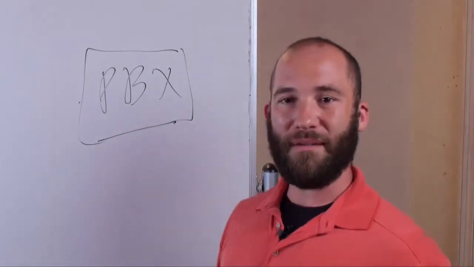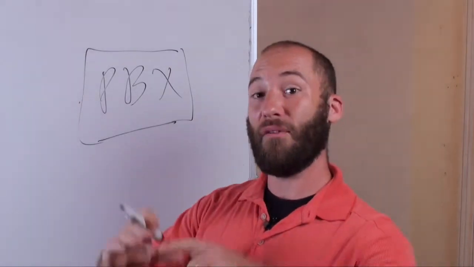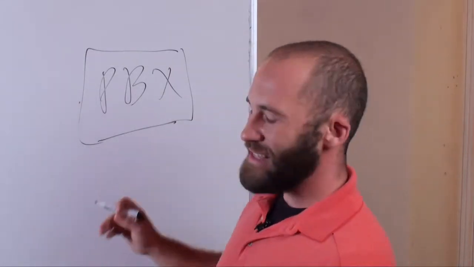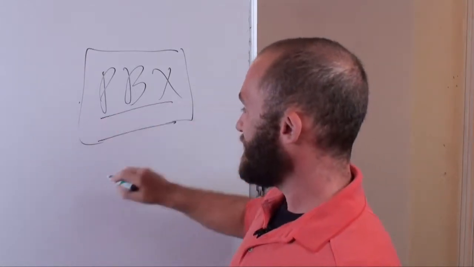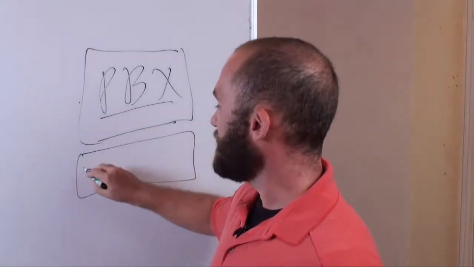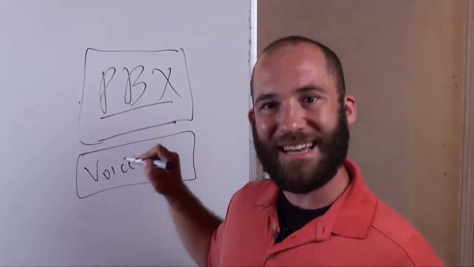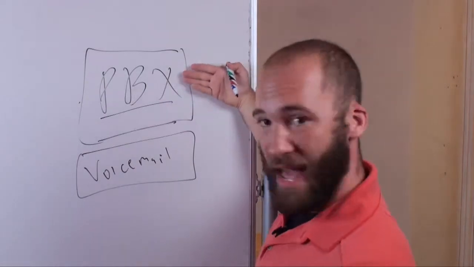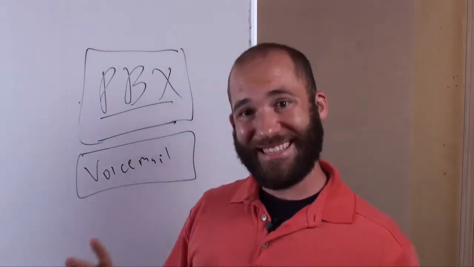Now, one of the hiccups the telephone companies threw into the telephone system is that for some reason they divided the PBX and the voicemail systems and made them separate. So your PBX and your voicemail system are not normally the same box.